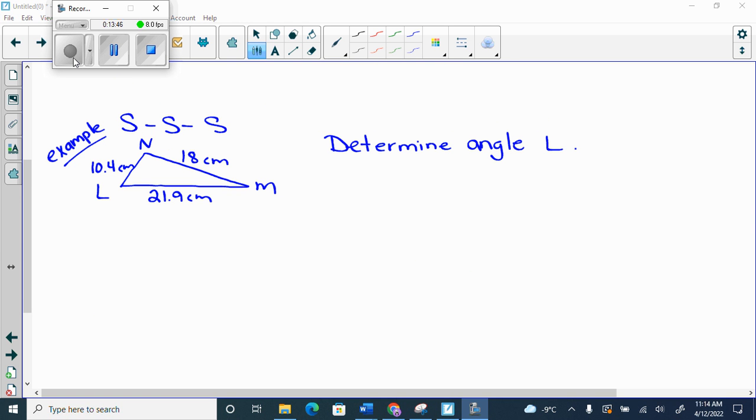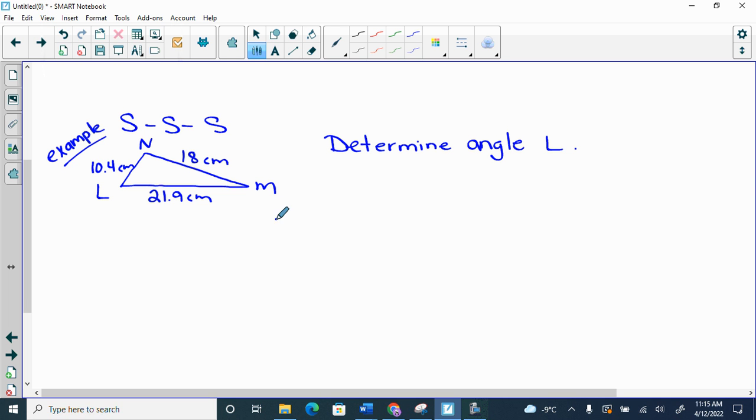So if we have SSS side, side, side, and we're looking for angle L, we're going to go cos, capital L, and then what do we add? The two sides that don't match it, correct? So what are our other sides? M and N. So we're going to go M squared plus N squared minus L squared over 2MN.